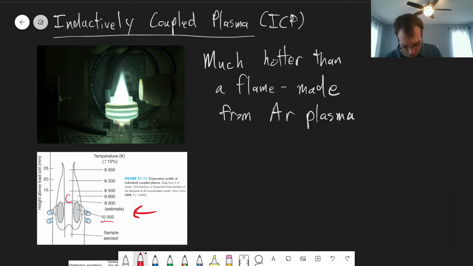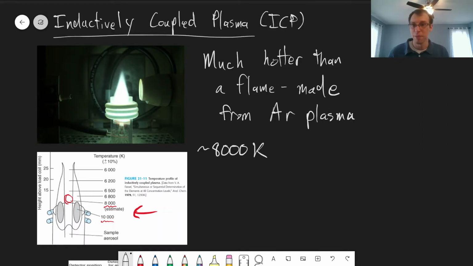Usually things are measured in this region of the flame where things are about 8,000 Kelvin. As we go up the flame, the temperatures decrease, but they're still really hot, things like 6,000 Kelvin. So a typical ICP, you can estimate as being about 8,000 Kelvin for the sample that you're measuring.